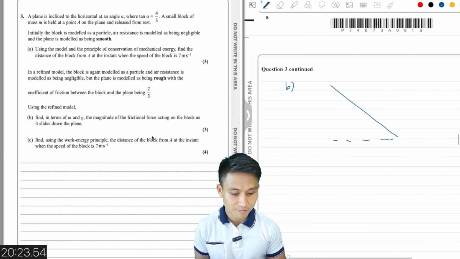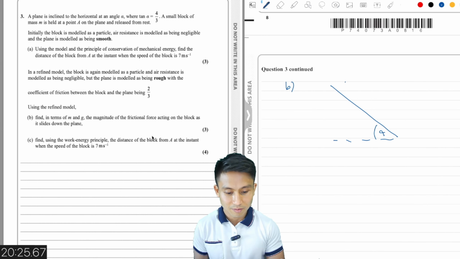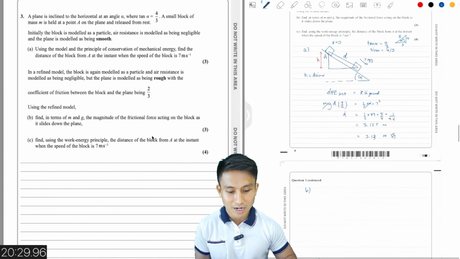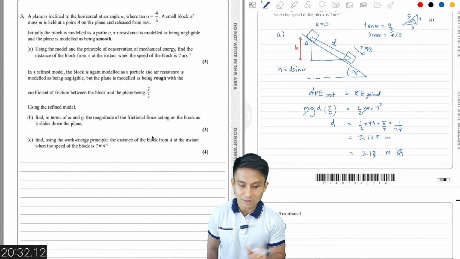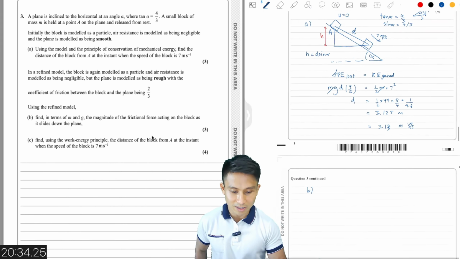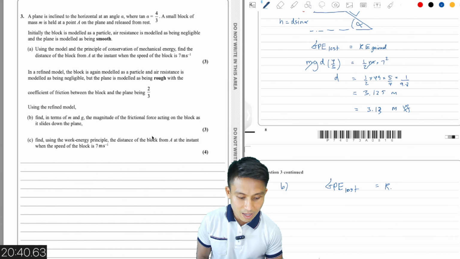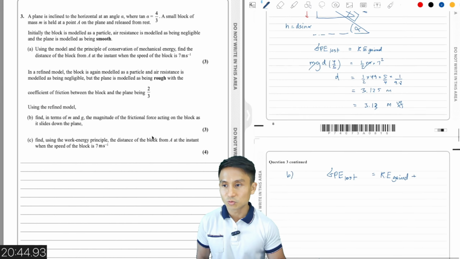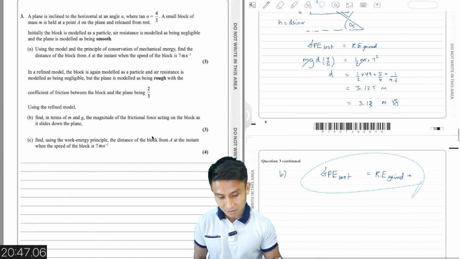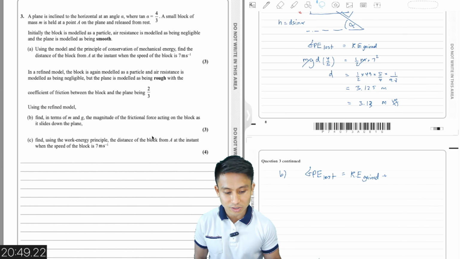Okay, just the same diagram there. But, well, I don't need to draw, right? Because it's the exact same diagram. But now the energy is not just about GPE and KE. The energy loss is still the same, but now the KE gain on the right hand side is not the only term, because you need to spend some work overcoming the friction down the plane.